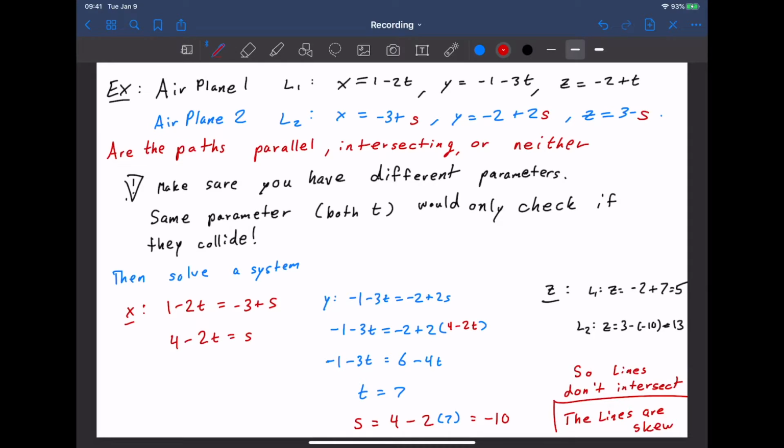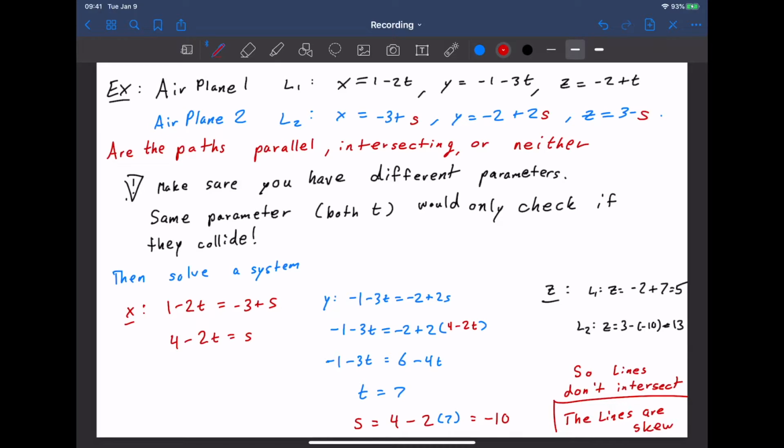If we had gotten the same z coordinate, we would say the lines do intersect. If we had gotten the same z coordinate and s and t were the same exact number, we would say the planes in fact collide. I'll say that one more time. If we had the same z coordinates, all it means is the lines intersect. It does not mean they collide.